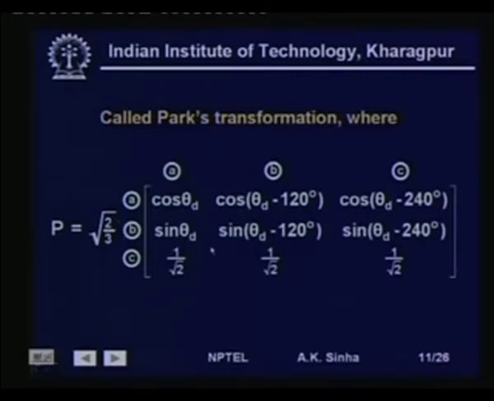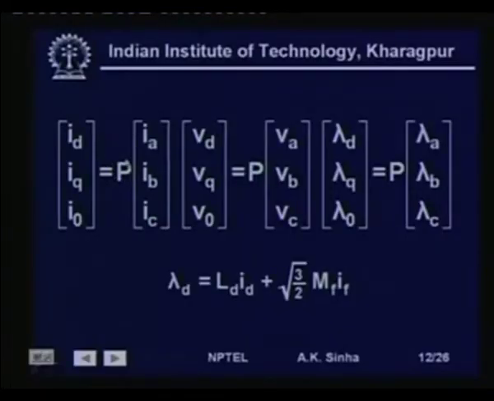This is the transformation which we use, and if we pre-multiply this matrix to ABC frame currents, that is currents in phase A, phase B, phase C given by Ia, Ib, Ic, then the currents that we get will be Id, Iq, I0, that is the currents will be transformed into the dq0 frame of reference, where d is the direct axis, q is the quadrature axis and 0 represents the zero sequence quantities.